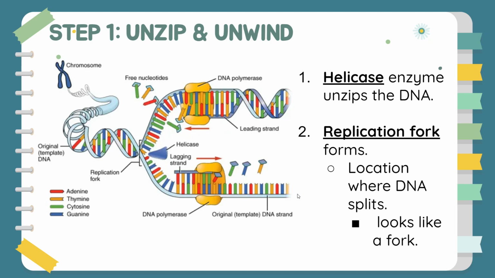To do this, there's an enzyme called helicase. Helicase breaks those hydrogen bonds between complementary base pairs, creating a Y-shaped structure known as the replication fork. So this right here is our replication fork. As helicase progresses along the DNA, it continuously unwinds the double helix, causing that fork to get larger and larger.